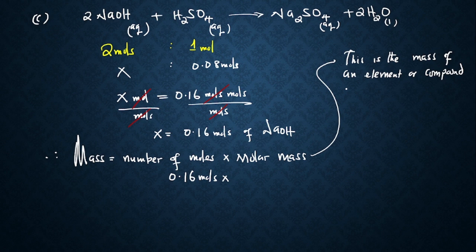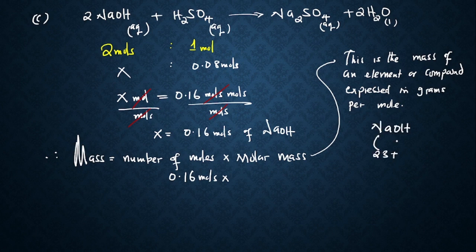It's calculated as a sum of the mass numbers. So, for example, we have sodium hydroxide here. The mass number for sodium is 23, the mass number for oxygen is 16, and the mass number for hydrogen is 1. So when you add, we're going to have 40 grams per mole.